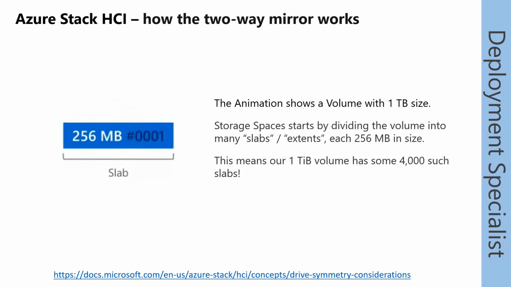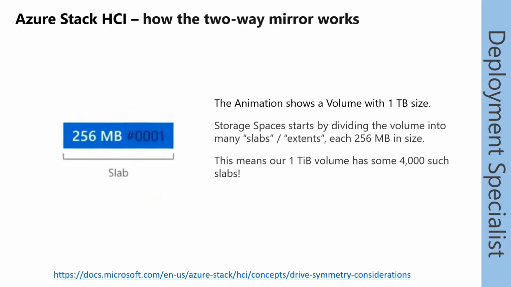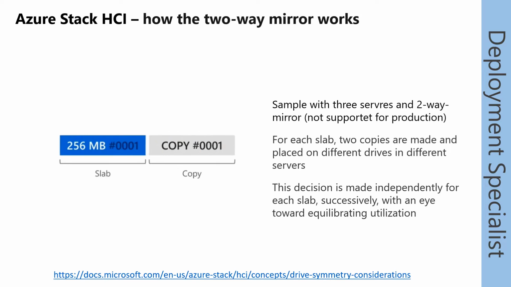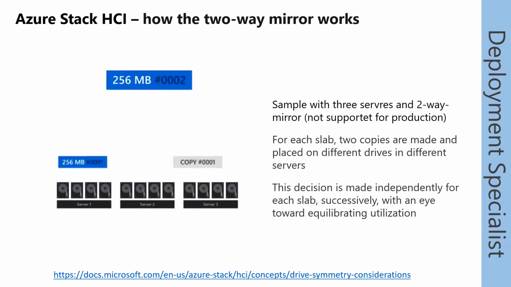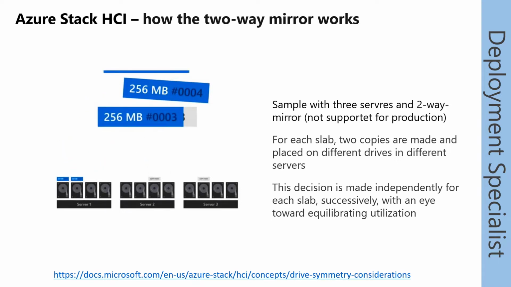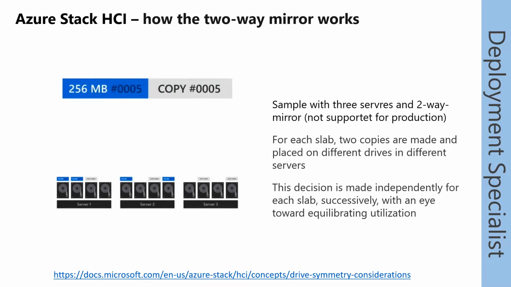It's the same mechanism we also have in Storage Spaces Direct in Windows Server. These extents are distributed across the servers, and for each extent, copies are created. So if we have an original slab or extent, in a two-way mirror we have an additional copy.